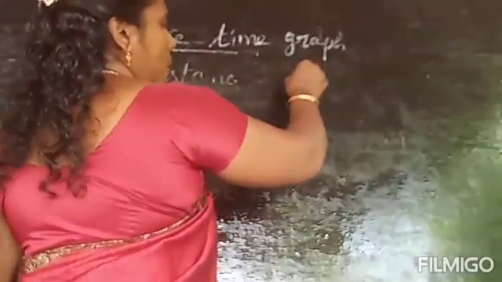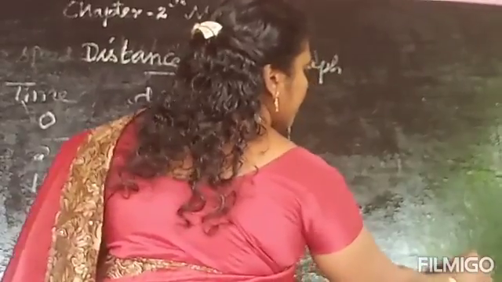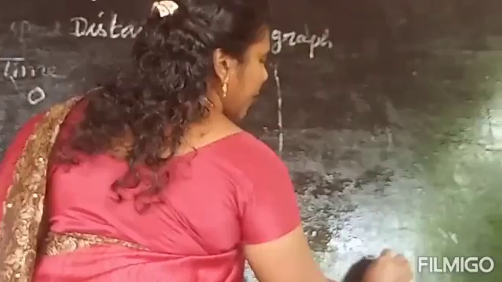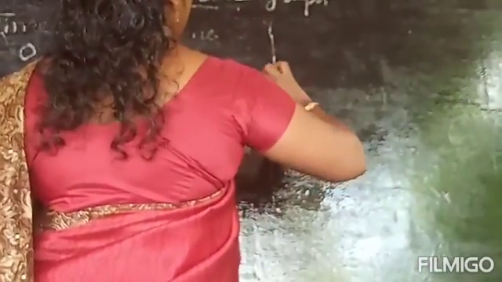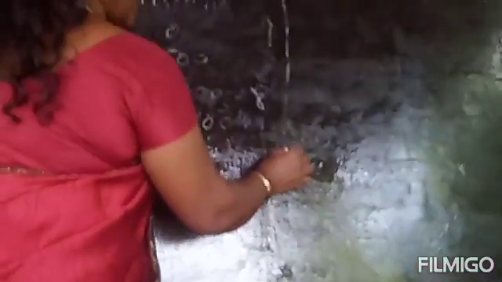So all of you know about graphs. What are the two axes in a graph? X-axis and Y-axis. Time is taken as the X-axis and distance is taken as the Y-axis. Now, we are going to plot the values.